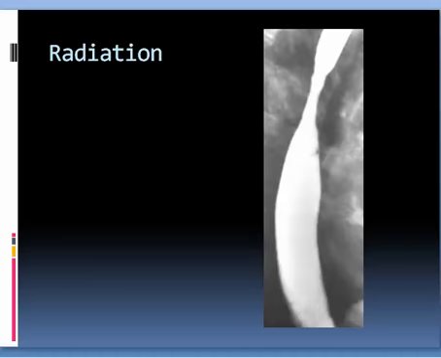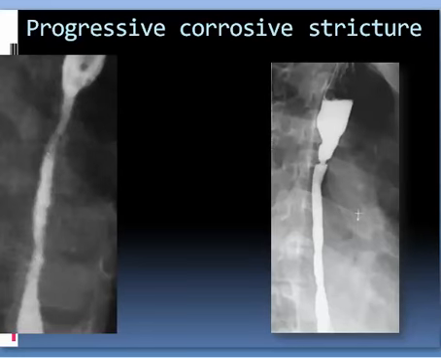Radiation can produce mid-esophageal stricture like this, usually with smooth margins. Progressive corrosive stricture here, long segment of narrowing with mild dilatation above, and there is irregularity of the outline denoting associated ulcerations.